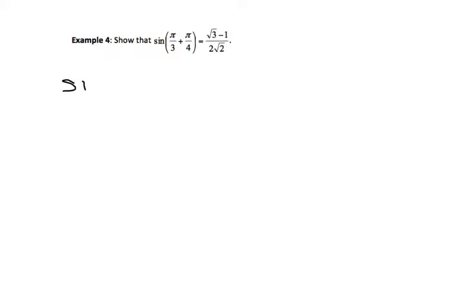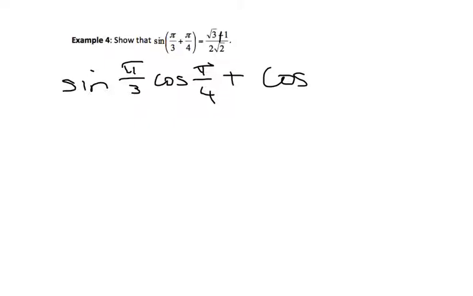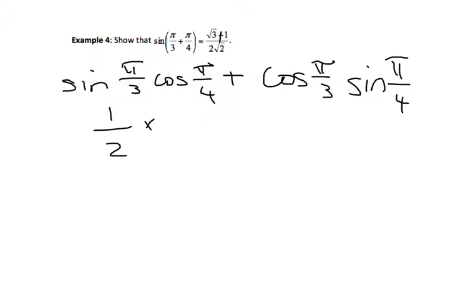sine pi over 3 cos pi over 4 plus, oh, and this is where I told you was the typo, that should be a plus sign, plus cos pi over 3 sine pi over 4. Hopefully this is going to end up working, actually. Let's see. So sine of pi over 3, that's the short angle, that's a half. Cos of pi over 4, oh, sorry, that's not the short angle, that's a tall angle. Pi over 6 is a short angle.